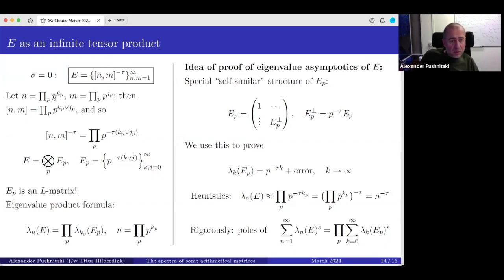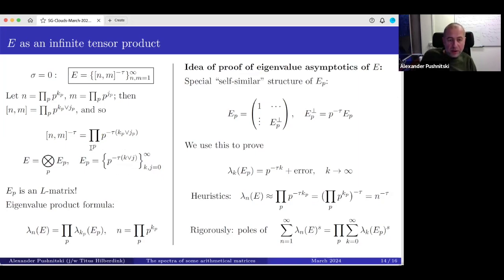Okay, so once again, if I have the prime factorization of n in this form and the prime factorization of m in this form, then the LCM can be written in this way. And so the nth element of my matrix, I can write it in this way. So at least formally, it means that I can write down my matrix as an infinite tensor product of matrices of this form.